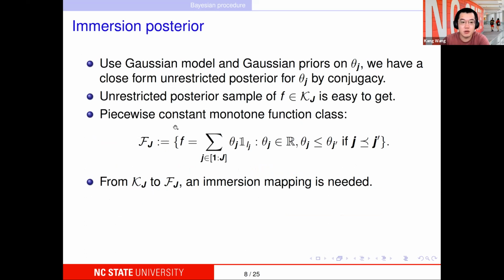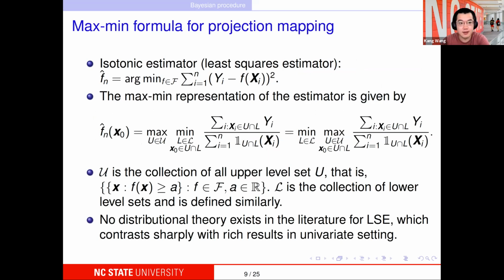But to map the unrestricted posterior sample to F_J, the piecewise constant monotone function class, we need to define a suitable immersion mapping. And I will digress a little to talk about why we define the immersion mapping in that way.